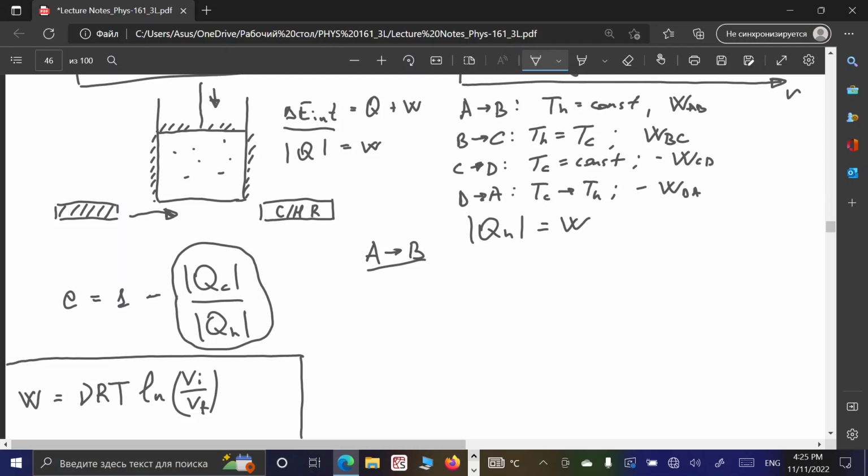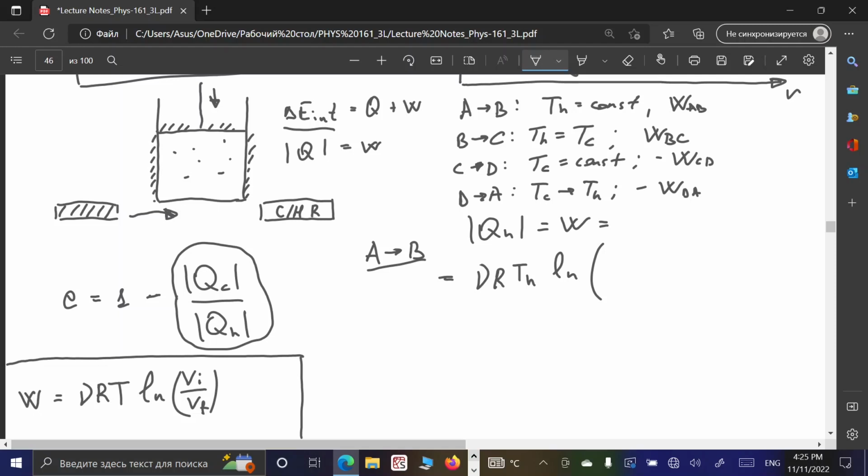So we can write further, this will be equal to nu times R times T. Temperature is TH during process AB. And here will be the natural logarithm of V initial over V final. That's for work done by external force on the system.